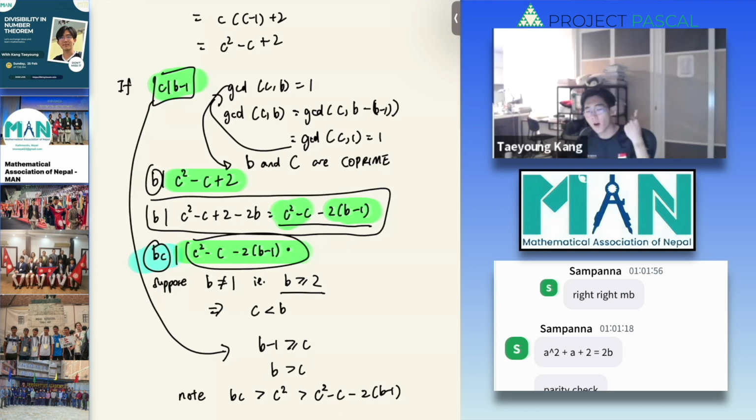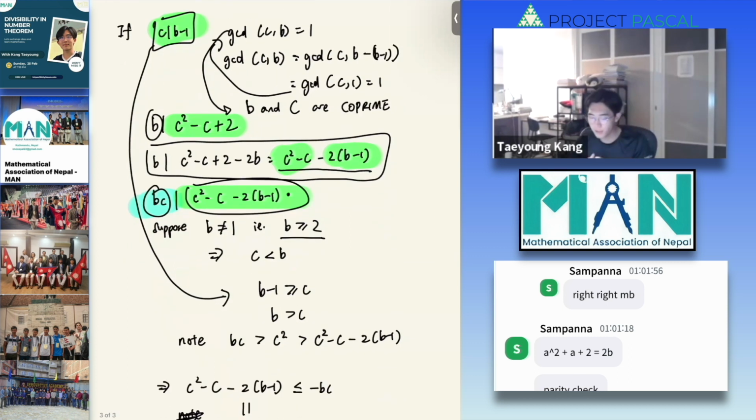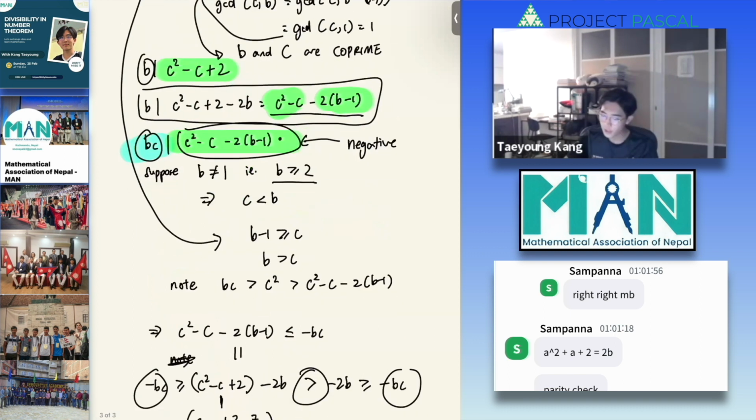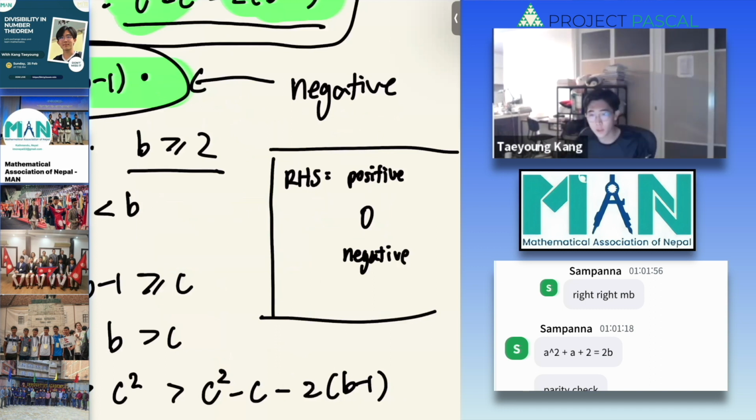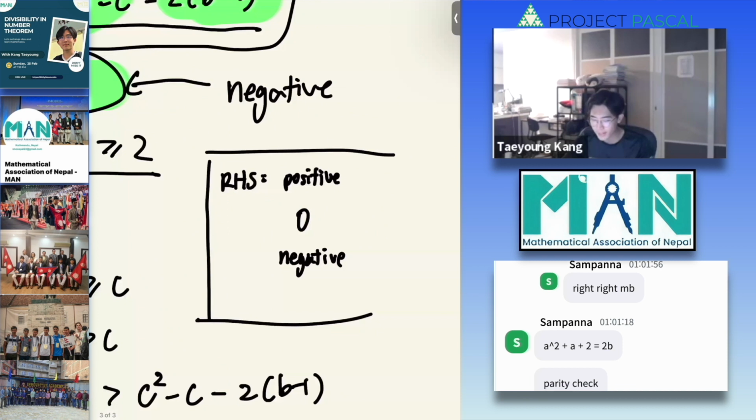And on the size bounding itself, do not forget to check the possibility that the right-hand side might be negative also. So when size bounding, always make sure to consider the cases where the right-hand side is positive, which is the most obvious case, when it is equal to 0, and when it is negative. What we generally want to do is make the right-hand side 0.